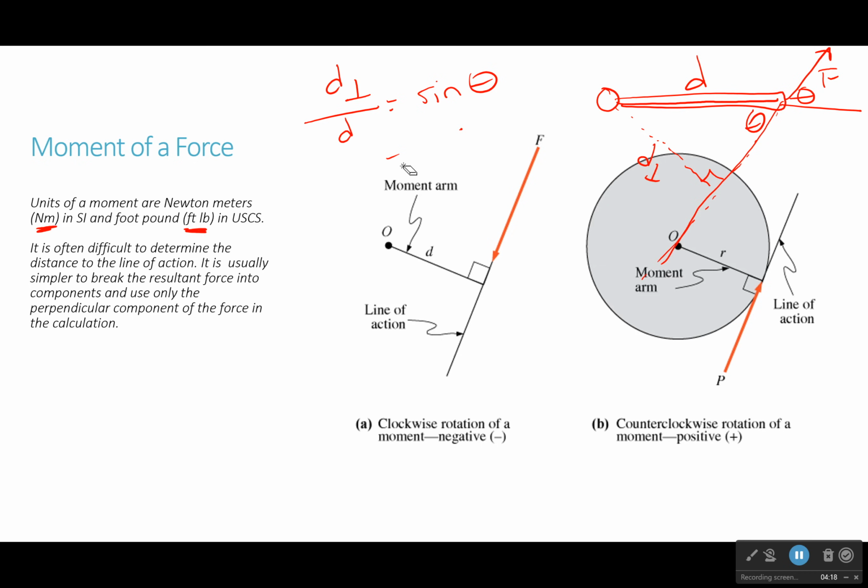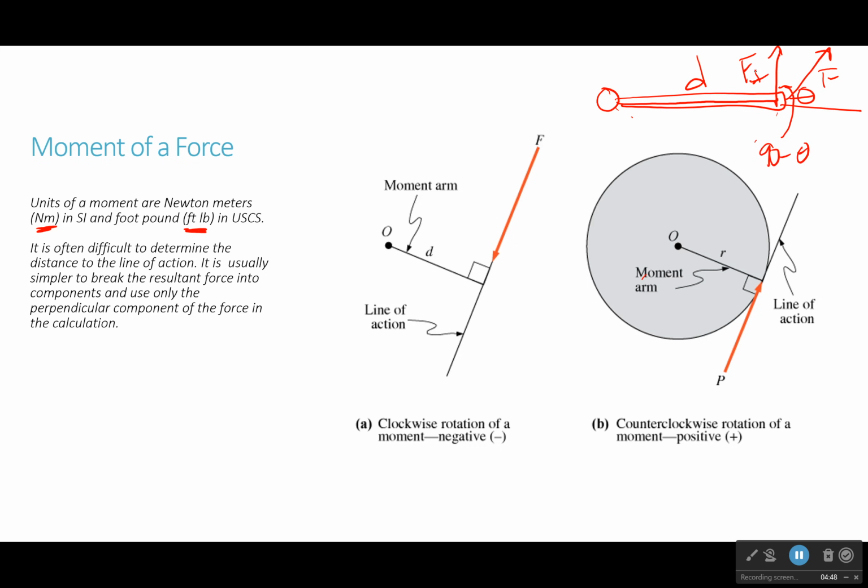I could have also, if I wanted to, done things slightly differently and said, instead of looking for the perpendicular distance, I'm going to look for the perpendicular force, because they're exactly the same thing. I just need this force component. What is the force perpendicular? This is typically how I like to do it, but either way works. And so you would know that that angle right there is going to be 90 minus theta.